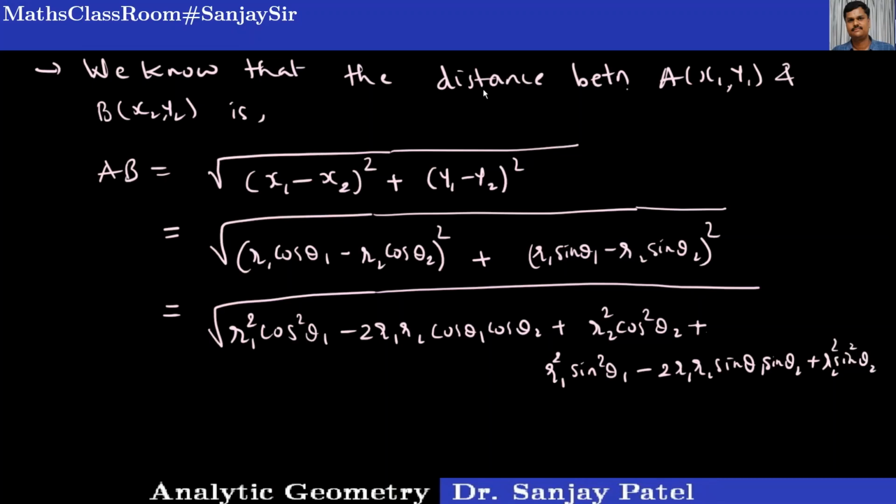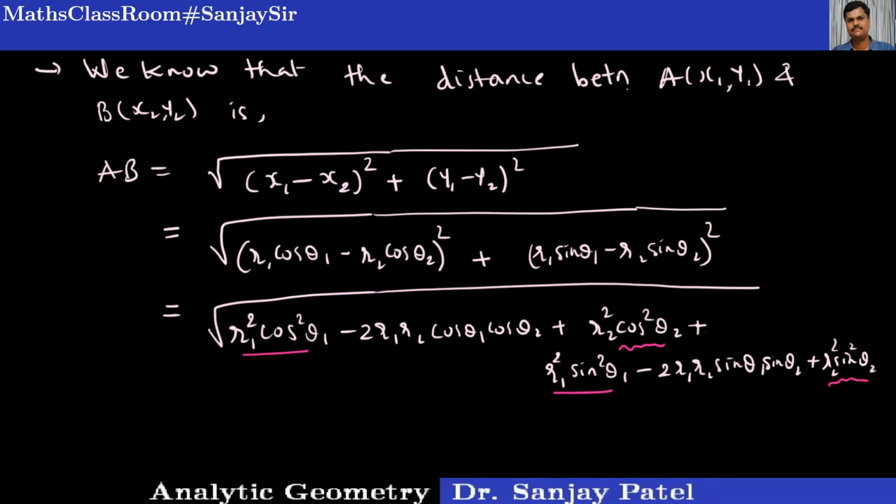Okay, so if you collect these two terms, r1 square cos square theta 1 and r1 square sin square theta 1, you will get r1 square, because cos square plus sin square is 1. Here also you will collect r2 square cos square theta 2 and r2 square sin square theta 2, you will get simply r2 square.